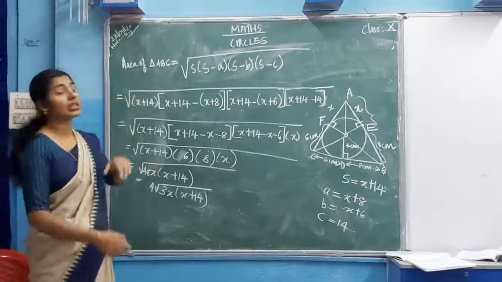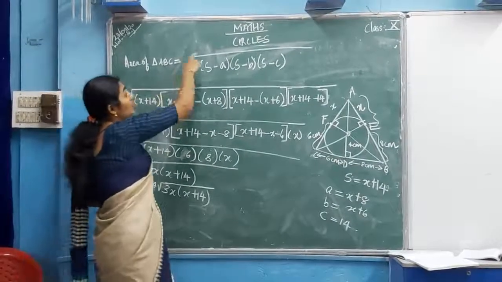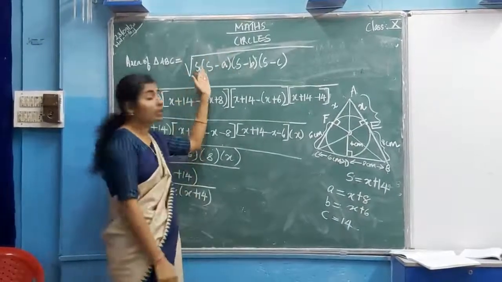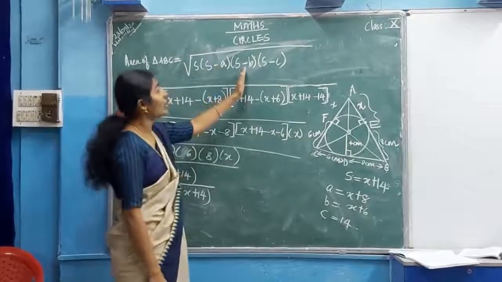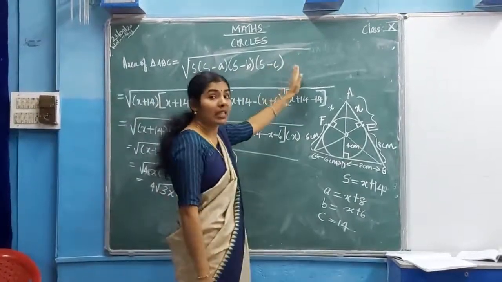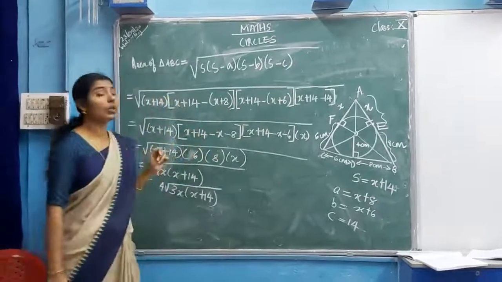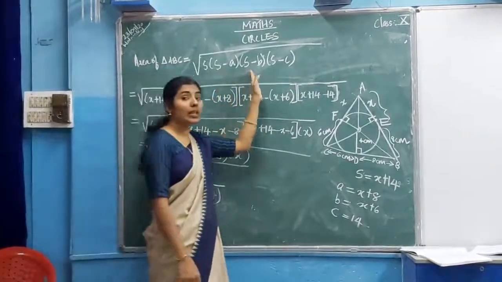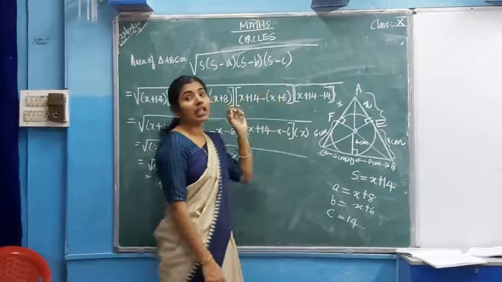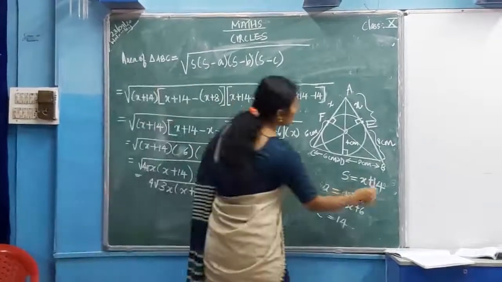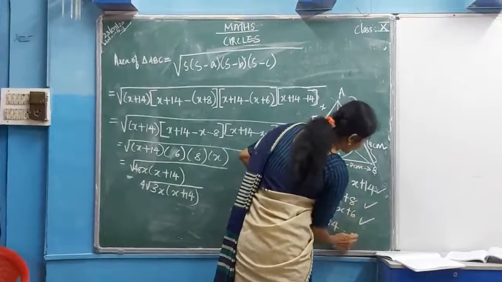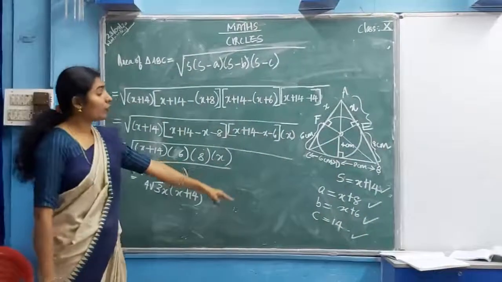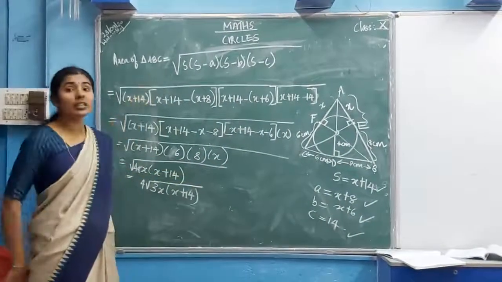Area of triangle ABC equals square root of s into s minus a into s minus b into s minus c. Now what should you do? Substitute all the values in this formula. All these 4 values you should substitute in this formula.